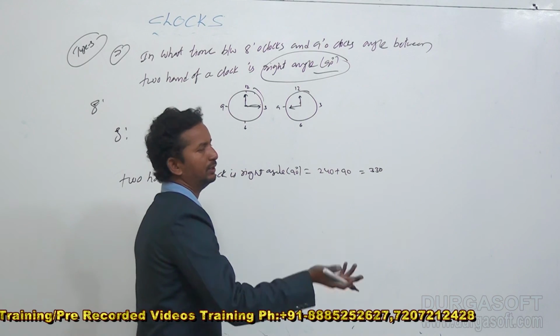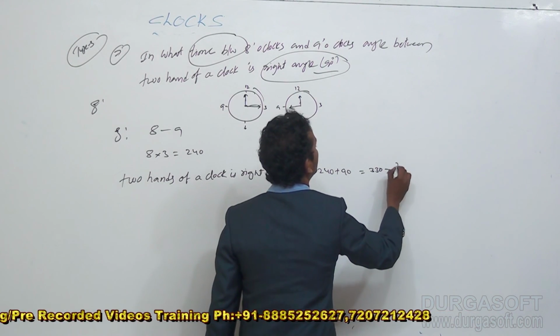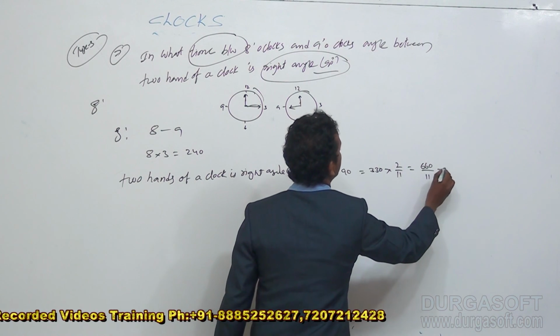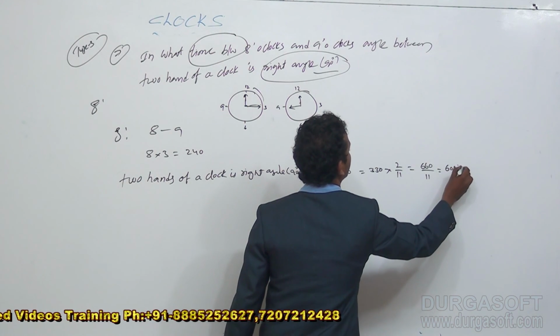And converting to minutes, the time is 2 by 11, so 660 divided by 11 is equal to 60 minutes.